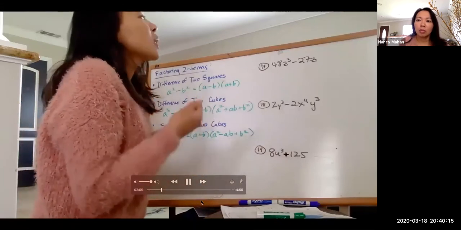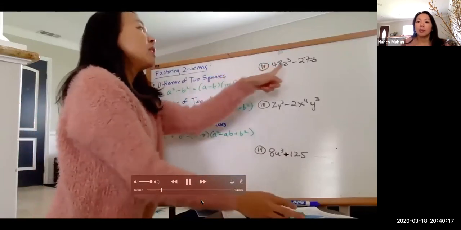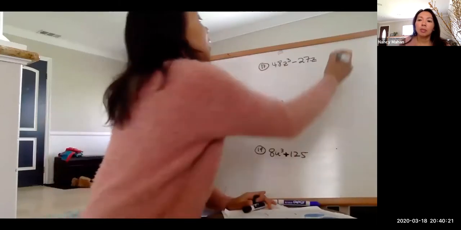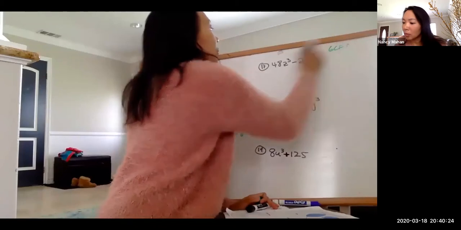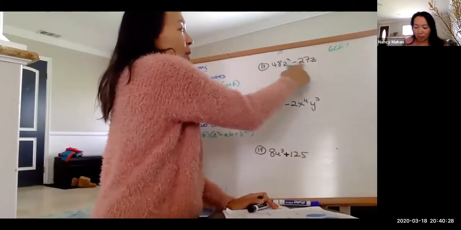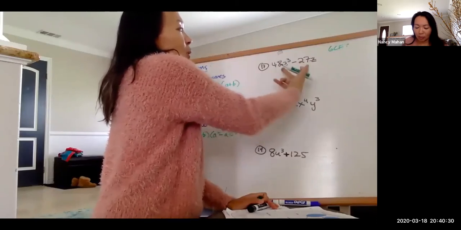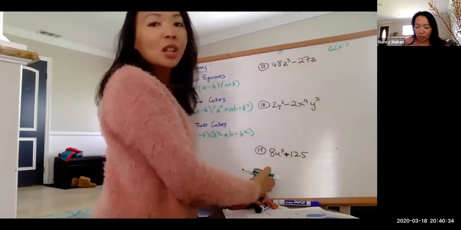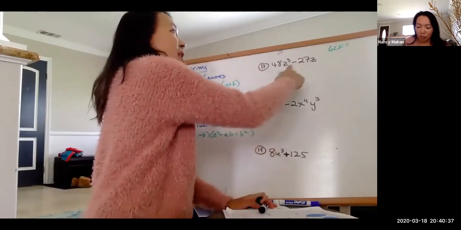All right, so let's look at number 17 here. First I ask myself, is there a GCF? 48 and 27, this is an odd number, this is an even. Right now they don't have anything in common off the top of my head, so the answer is no. And I see there's a z cubed and a z.